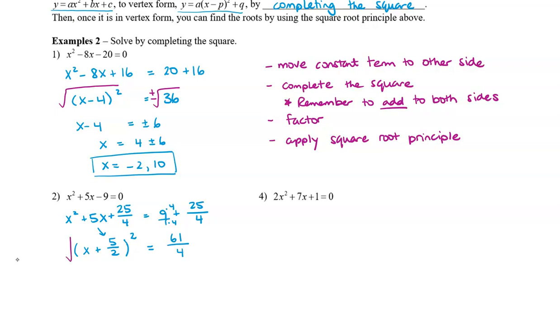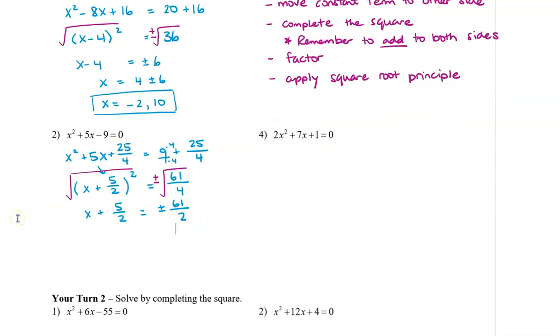Okay, square root both sides. Don't forget your plus or minus. So now we have x plus 5 over 2 equals plus or minus square root of 61, also over 2. Now, if you don't ever reduce, you'll notice that the denominators will always work out to be the same. So in this case, they're both 2.